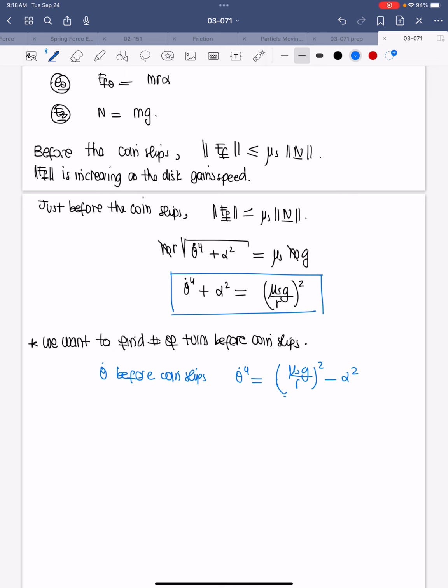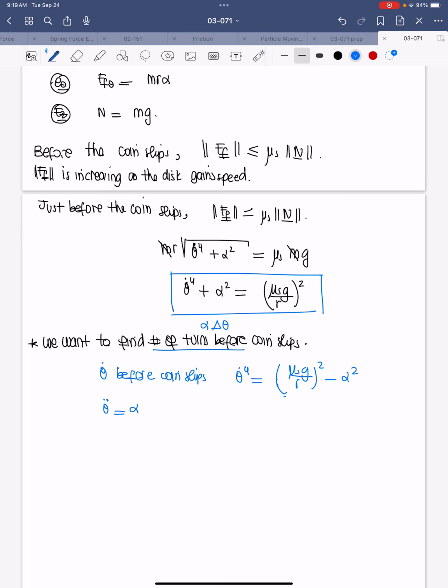Okay, and then we also know that theta double dot is equal to alpha. We want to find the number of turns. So in reality, the number of turns is just proportional to the change in angle.